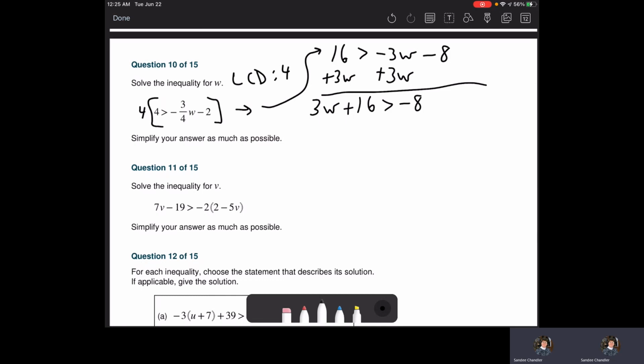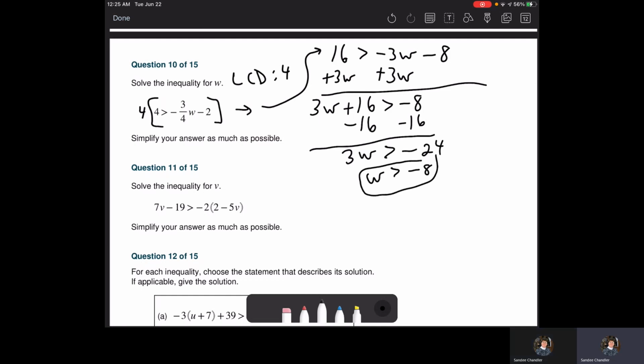I just prefer to have them on the left because I'm going to read this thing left to right when I finish, and it's easier for me reading left to right. Okay, subtract the 16s. We get 3w is greater than negative 24. Divide by 3, so it's a positive 3. Everything's okay. It's going to be negative 8. So w is greater than negative 8.